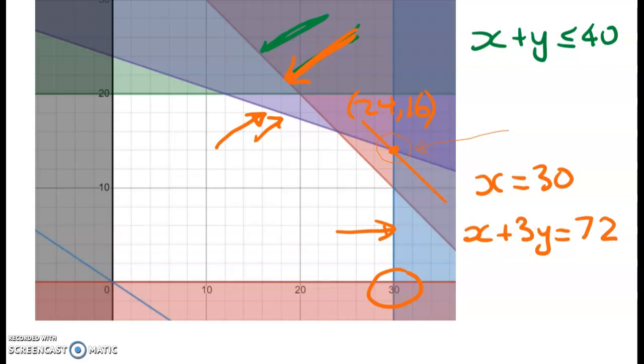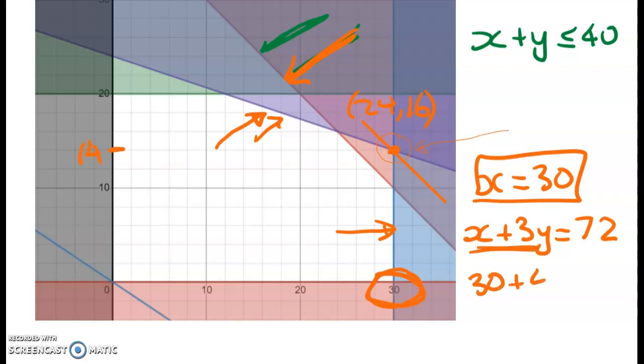So now hopefully you're seeing why I made you do all that early work at being really, really good with figuring out all the equations and what was going where. We can solve this to find the intersection point here, or we can just do it visually. You can see that when x is 30, y is 14, and then you can check it in here. So 30 plus 42 gives me 72.